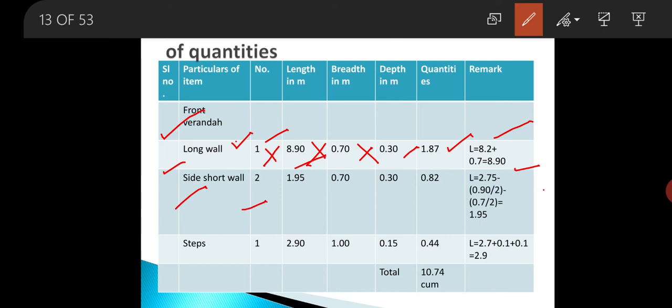There are two numbers of short wall. Length will be calculated by subtracting half of the width of the foundation of 30 for one side and half of the width of the foundation of 20 for the other side. So this gives you the length as 1.95, breadth is 0.7, depth is 0.3. By multiplying all these, we get the total quantity along the short wall as 0.82 cubic meter.